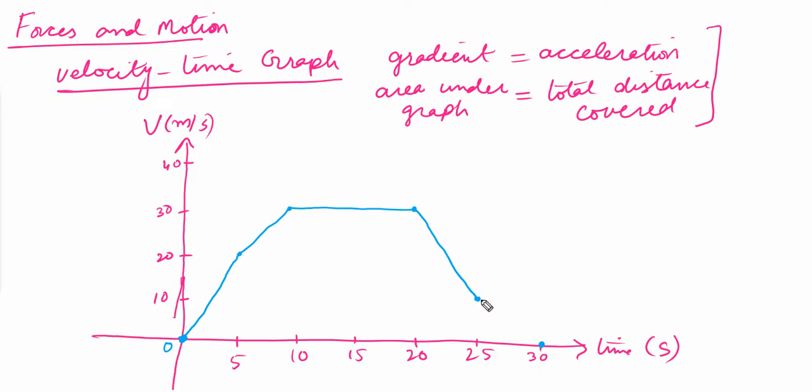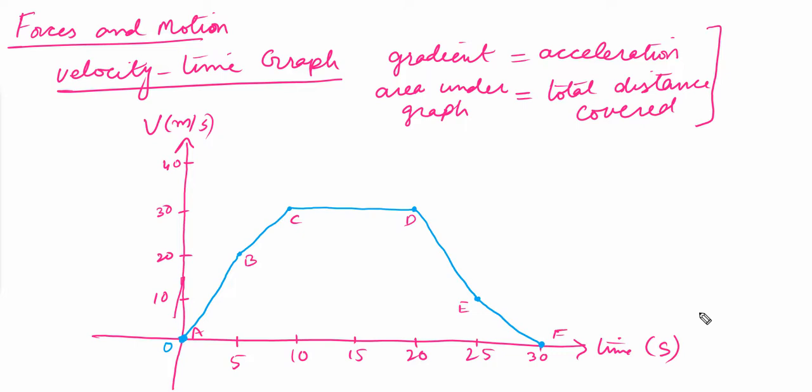And from 25 to 30 it will be like this. Okay, so let me number them. Let me change the color. So this is point A, this is point B, this is point C, D, E, and F.